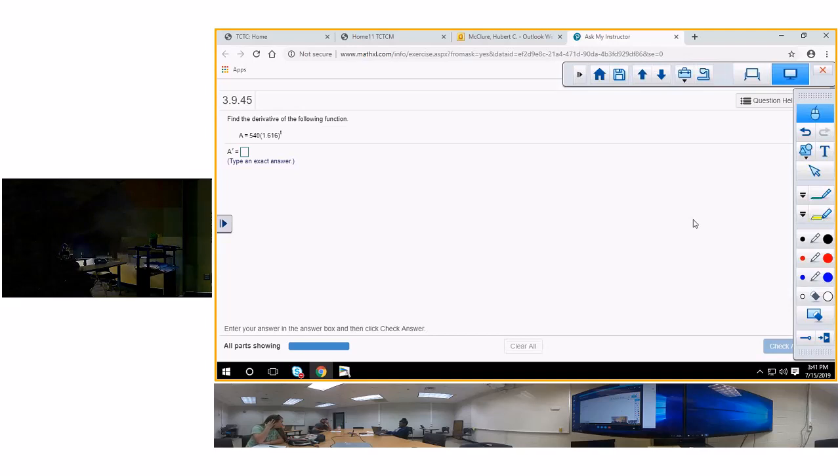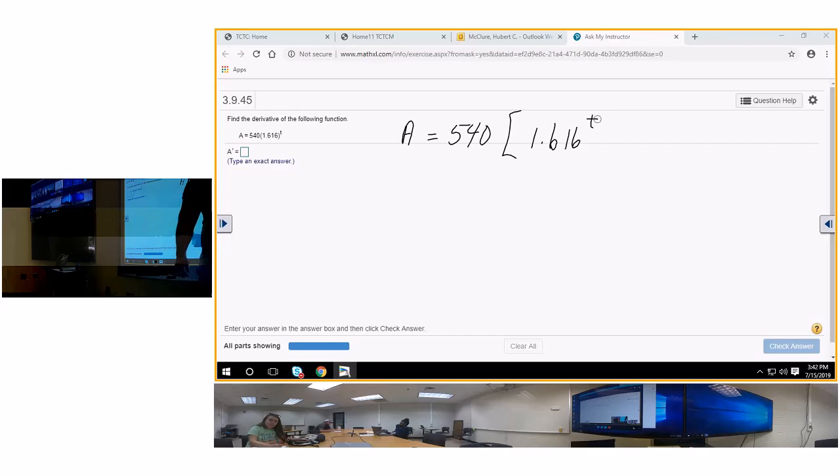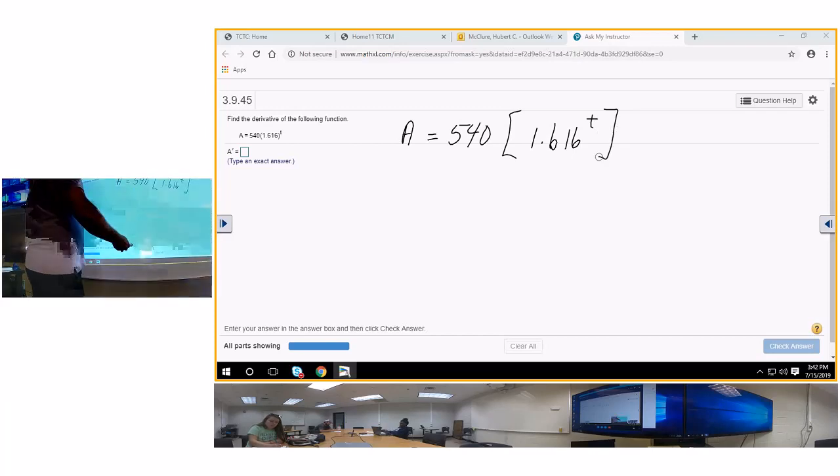So this is what I would suggest you do. A is equal to 540. There's your constant. Brackets 1.616 to the t power. And what are you going to take the derivative of? What's in the brackets. You don't need to worry about this 540.